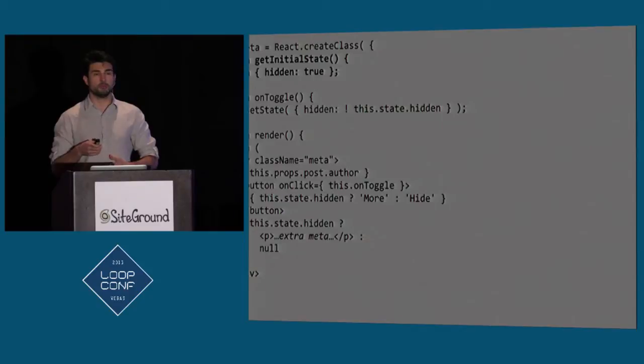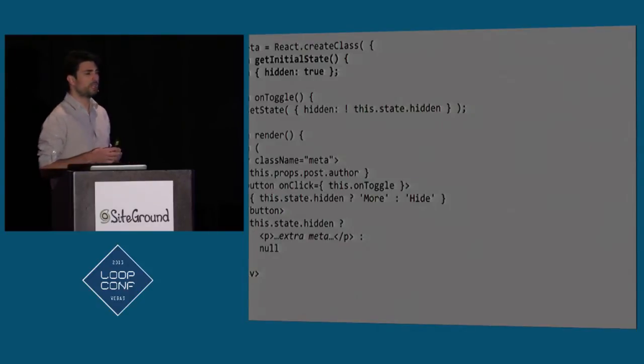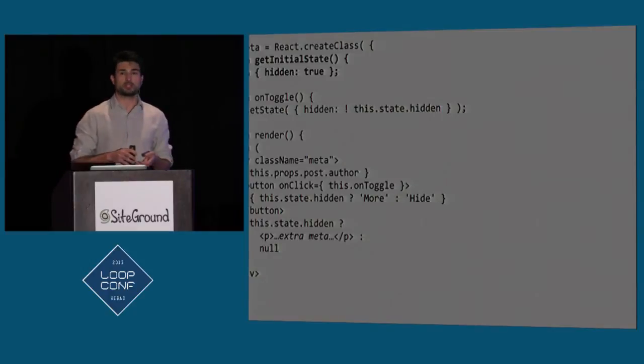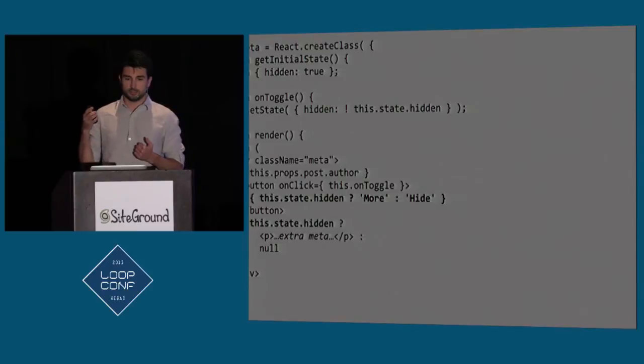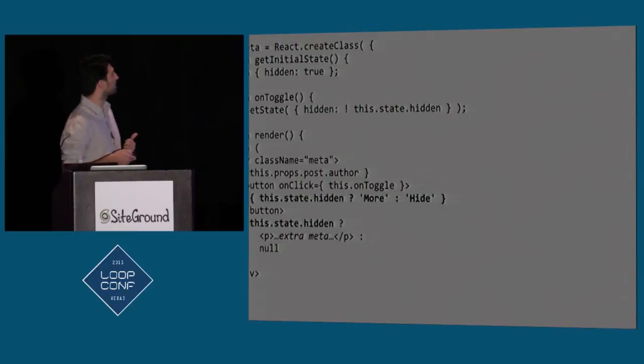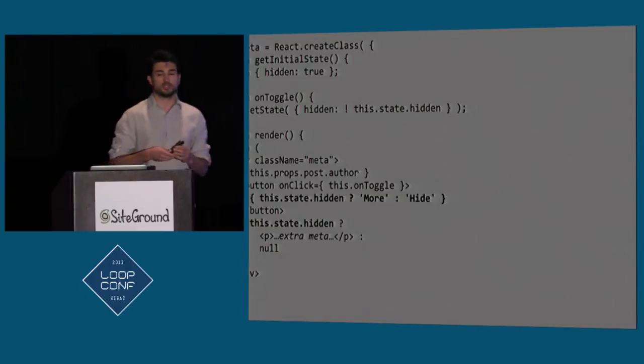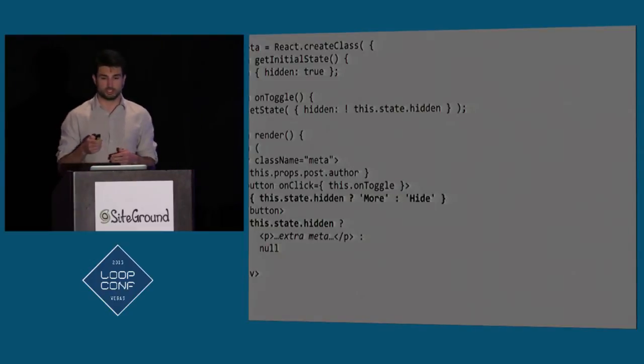For example, in our case, a post meta component can probably have some state saying whether the extra meta stuff is hidden or not. And we can access it via this.state. And anytime we want to change something, we can call setState, which lets React know that the state changed.